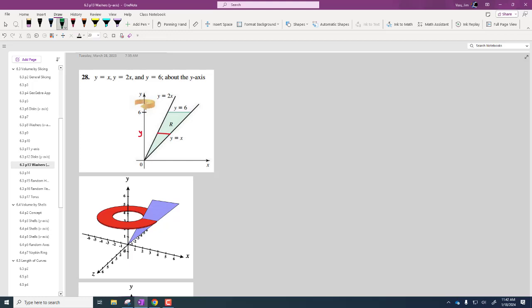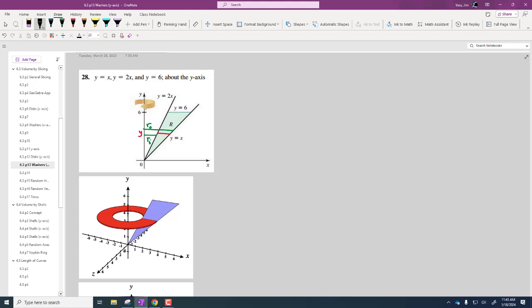So our inner and outer radius, this is going to be our inner radius right there. The outer radius is going to go all the way over to there. Those are horizontal. So the functions have to have x isolated. They have to be written as x values.